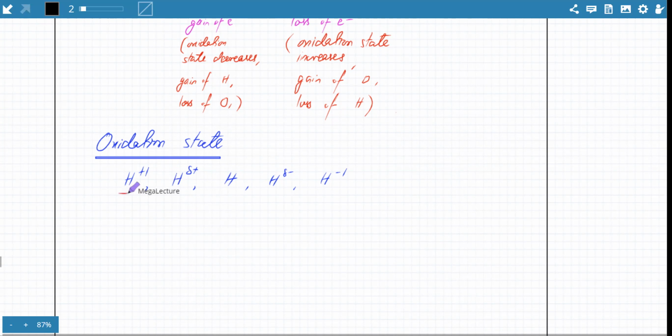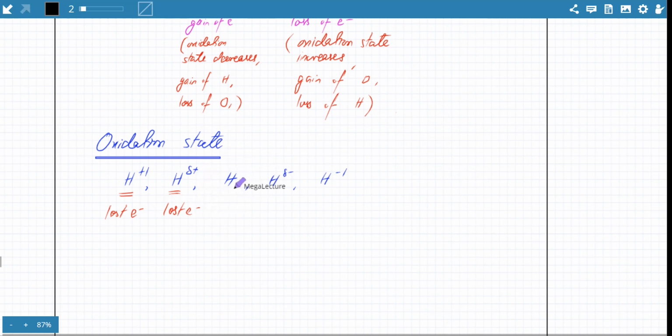So when it comes to oxidation state, H+1 and H partial positive both mean the same thing. You're going to treat them as if it's ionic. If H is +1, it lost an electron. Even if H is partial positive, you'll say it has lost an electron. Although it is partially losing an electron, you're going to treat it as if it's ionic.